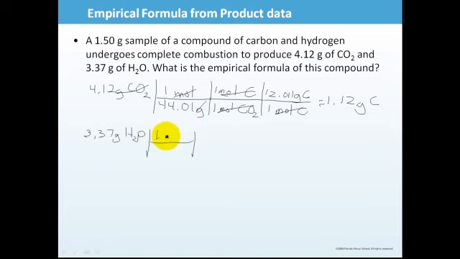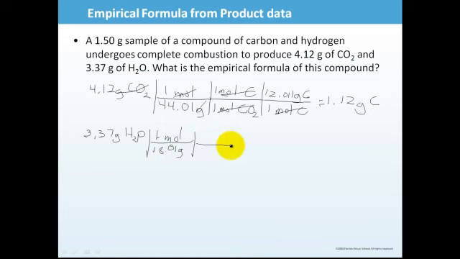So we go to our periodic table. One hydrogen is 1.008 times 2, because it's H2O, plus the 15.99 from the oxygen, and you're going to end up with 18.01 grams per mole.